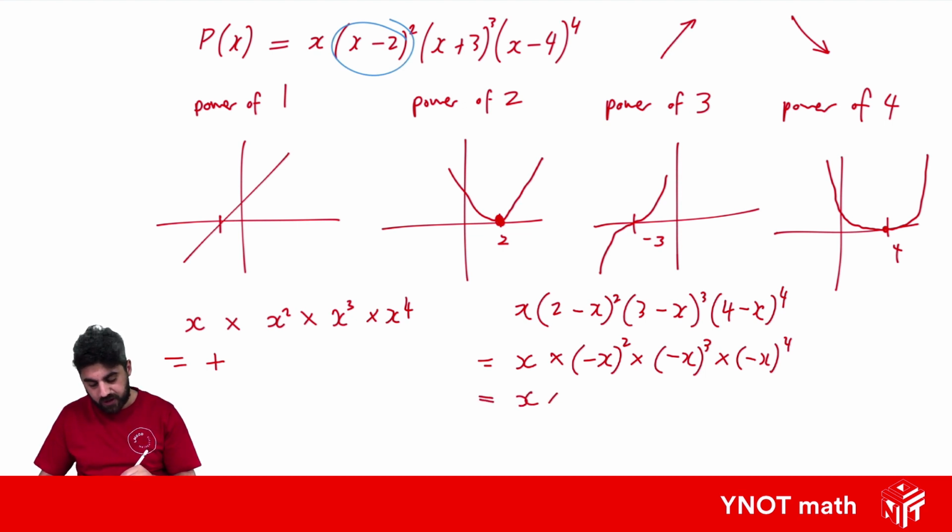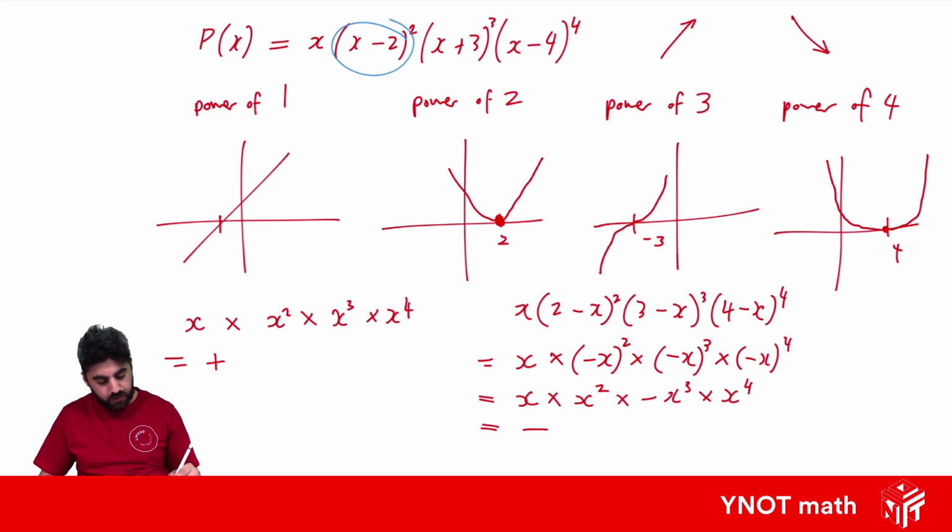This would give us x times, well, minus x squared actually is positive. Now a minus x that's cubed gives us a negative, and a minus x to the power of 4 is positive. And you can see we've got a positive times a positive times a negative times a positive, which is going to be a negative.